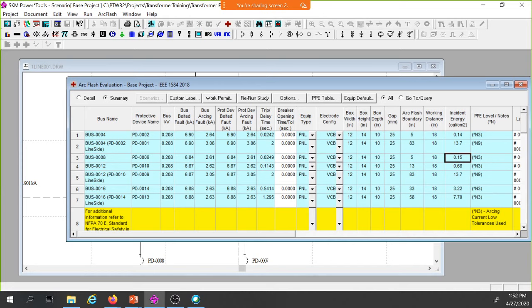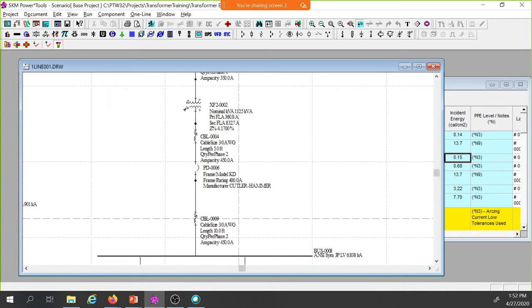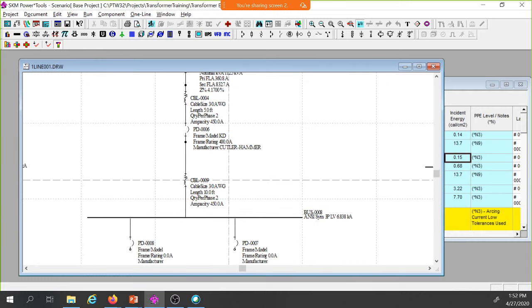That, in my opinion, is the best design decision you could possibly make. Putting this overcurrent protected device on the secondary of that transformer, or in that transformer on the secondary, will considerably reduce the incident energy at this panel board. This is a main lug only panel board now.